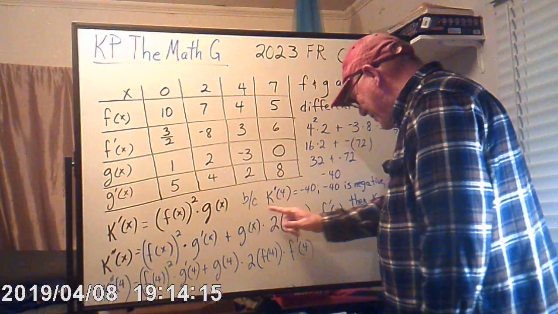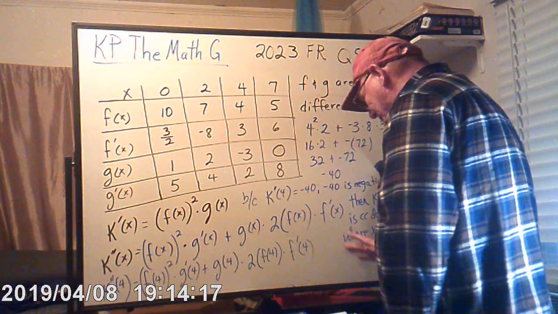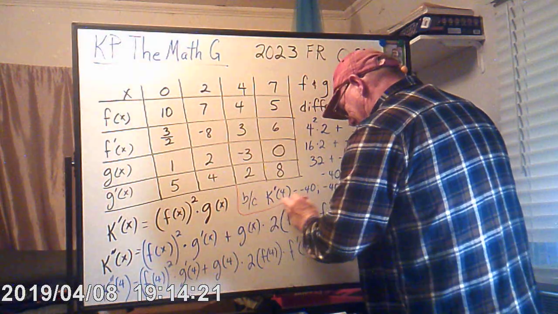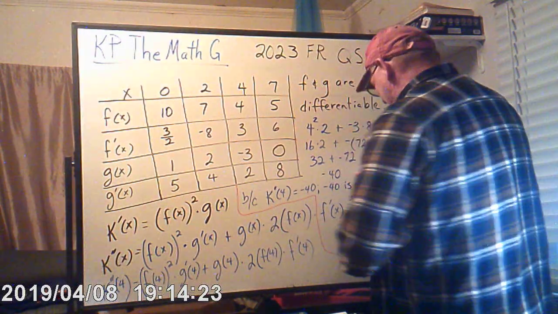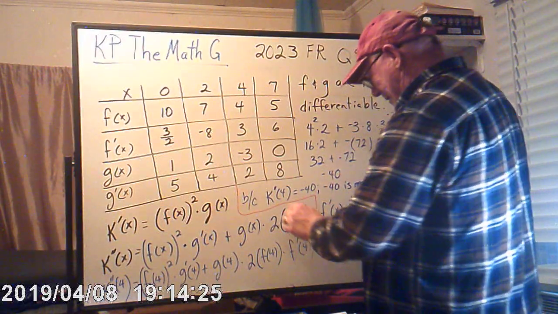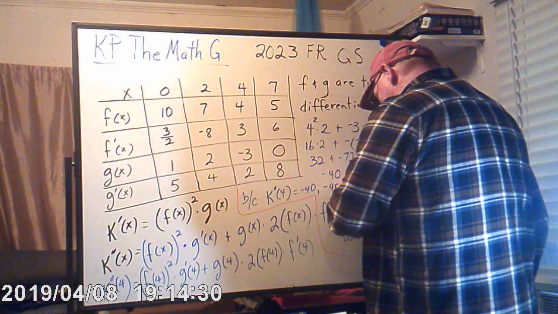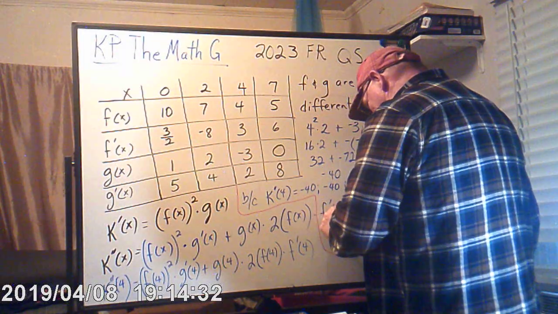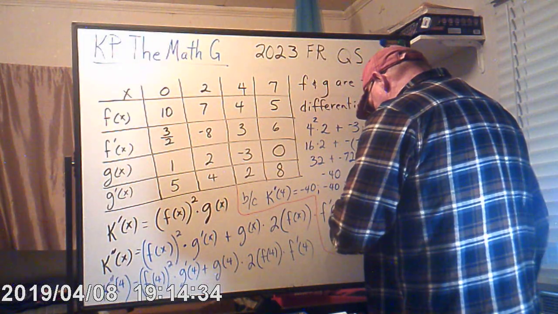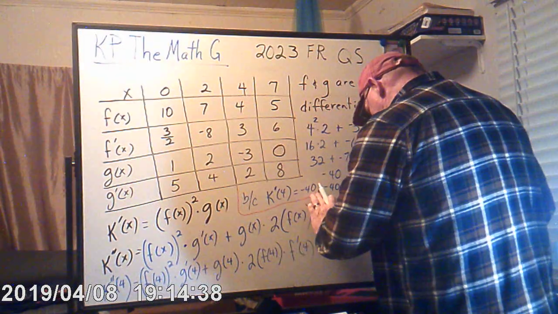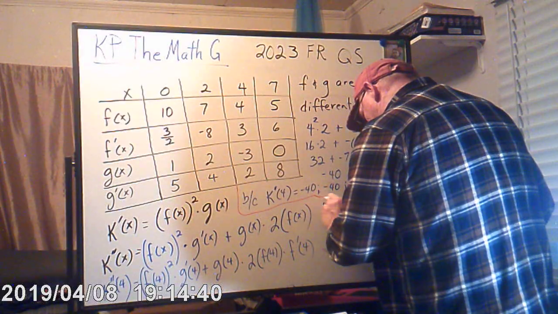And your conclusion, you need to write out your conclusion right here. This is vital. Don't just leave it right here. You need to come up with this, because negative 40 is negative. I didn't go far enough over.